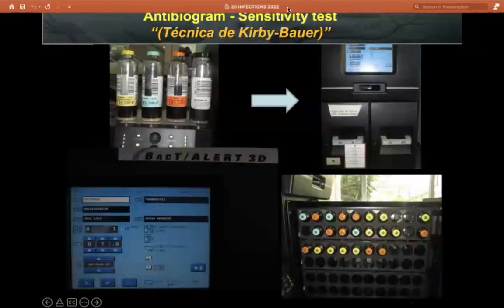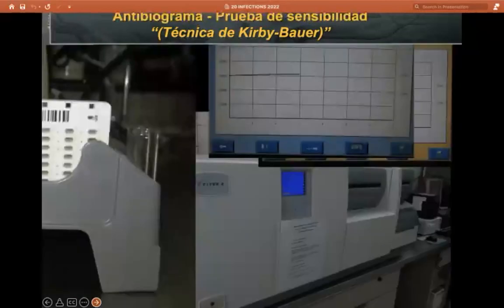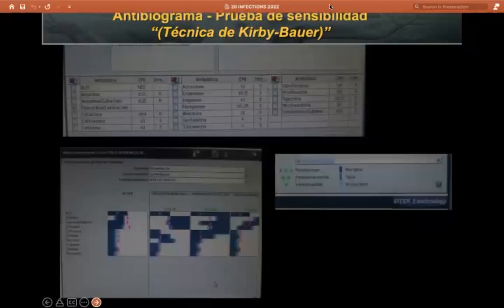Now, there are some tests we usually do on these liquids when we think our patient has a bacteremia. And what we usually get is these results. We get the bacteria that we're going to test, and we have the response. R is resistant, and S is for sensitive, so it is working.